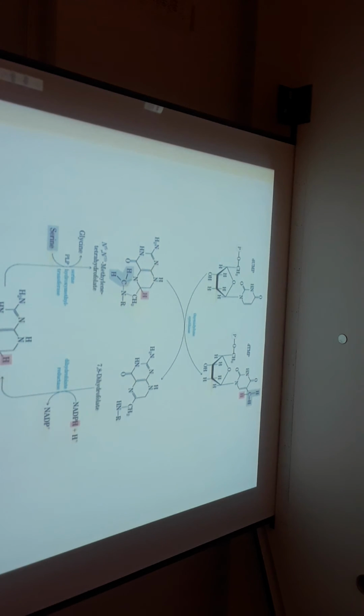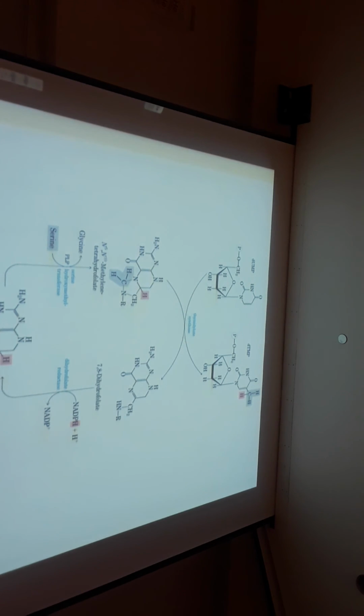And what we obviously need is a cofactor that this enzyme can utilize that is capable of transferring 1 carbon units. Okay, so theoretically, nature could have chosen S-adenosyl methionine for this job. Didn't.